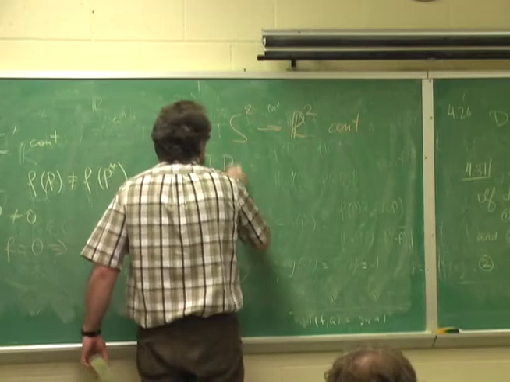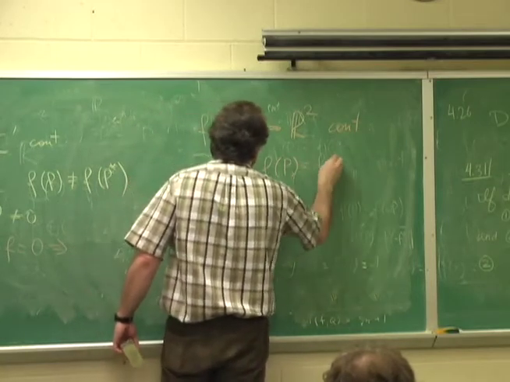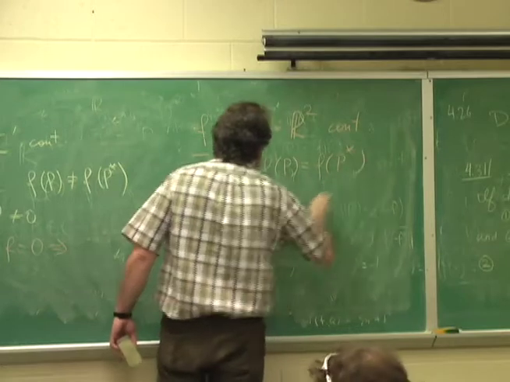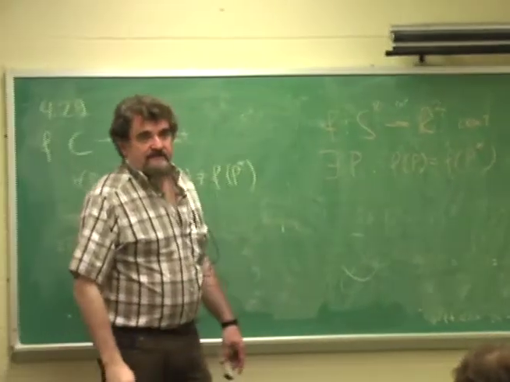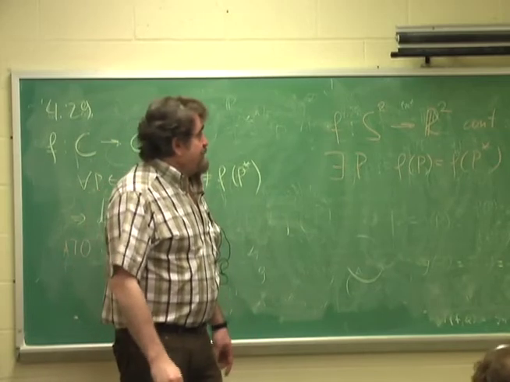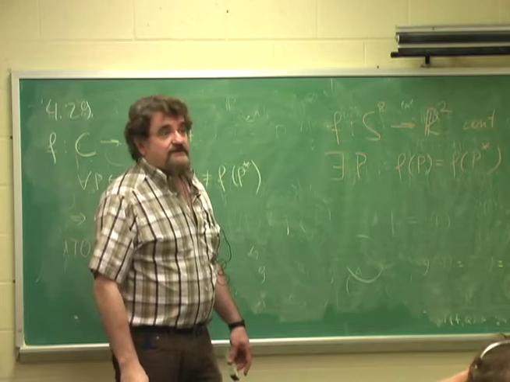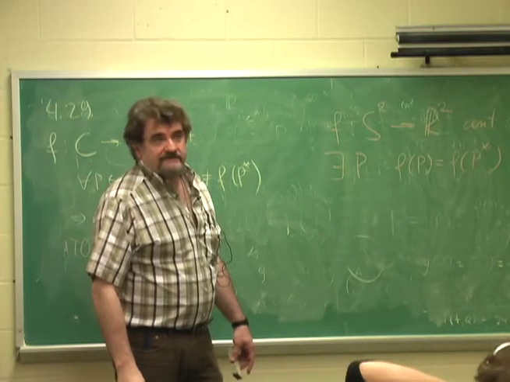Then there exists P such that f of P equals f of P star. In particular, it means that any continuous mapping of a sphere to a plane is not one-to-one.